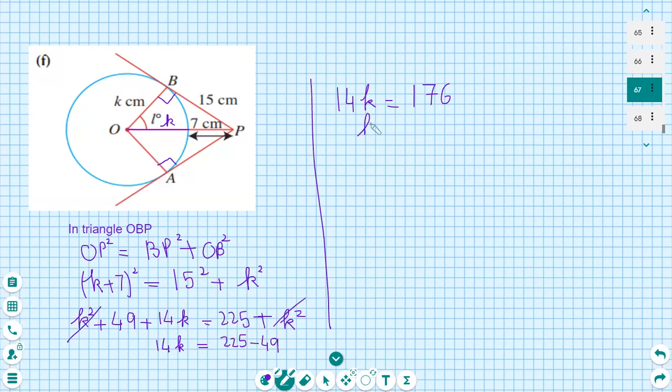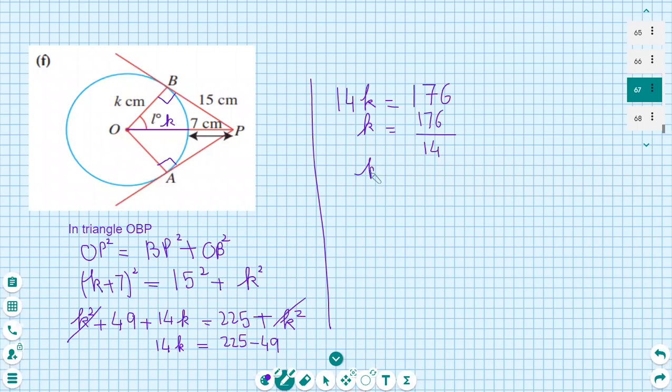So K will be equal to 176 divided by 14. So K is equal to 12.5714. Or in three significant figures, this answer is 12.6 in centimeters. So this is the value of K.